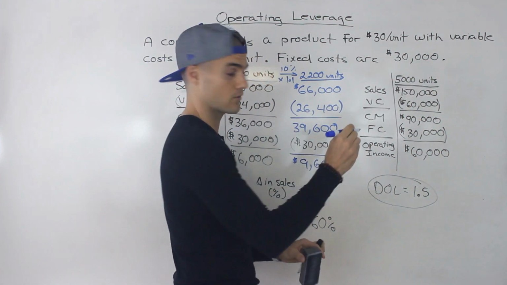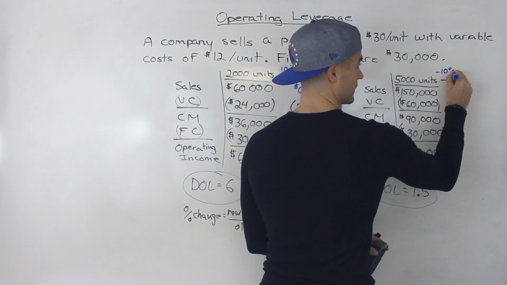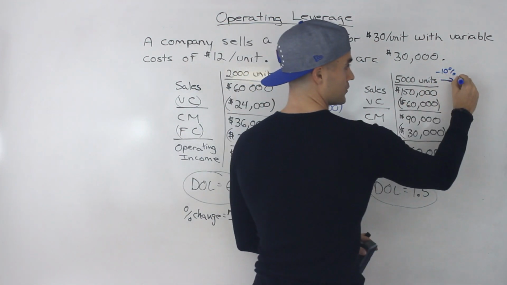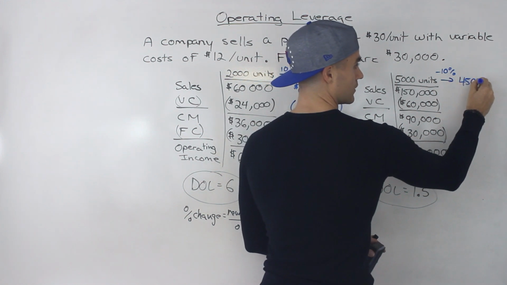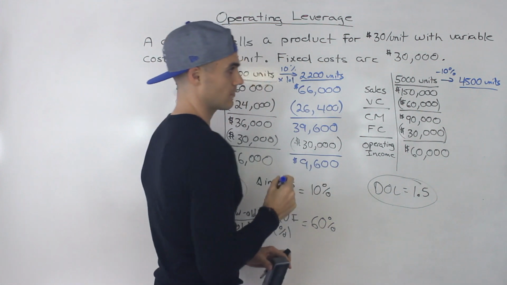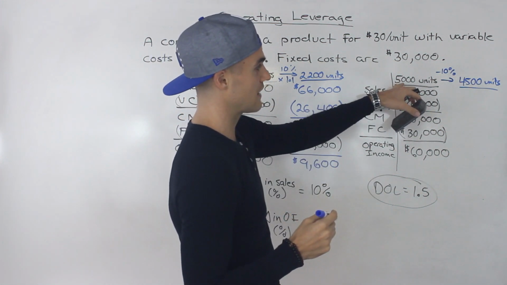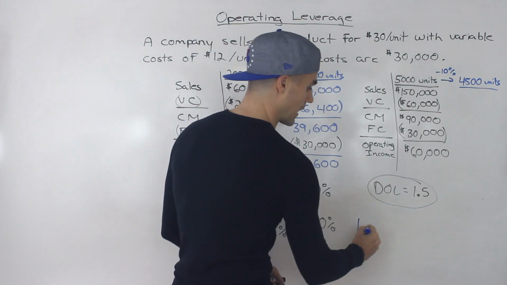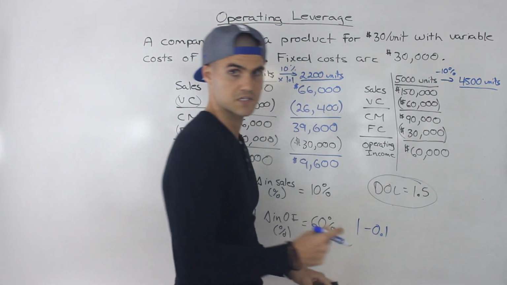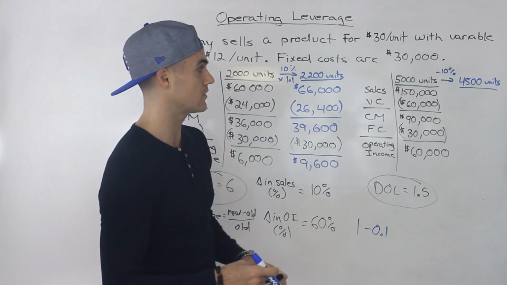If it goes down by 10%, then we're going to be producing 4,500 units, or selling 4,500 units, right? So how I got that was just 5,000 times 1 minus 0.1, which gives us 0.9. So 5,000 times 0.9 gives us 4,500.